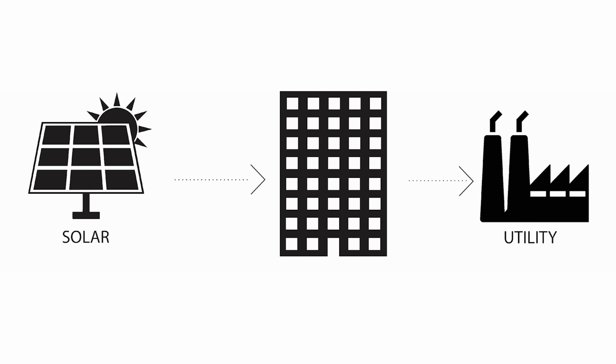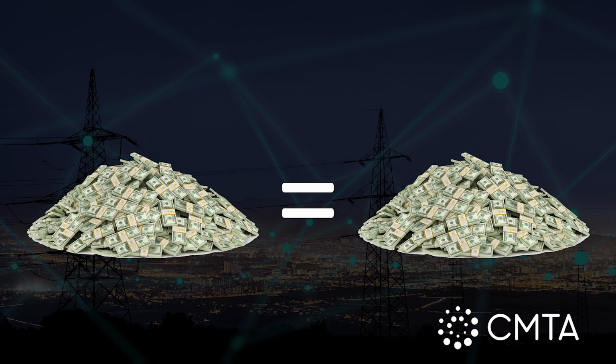And so the excess energy is often off-taken by the utility. Through a net metering contract, that utility gives the client or customer a 1-for-1 credit for the excess solar generation. That excess solar generation rolls over from day to day, from month to month, just like rollover minutes.